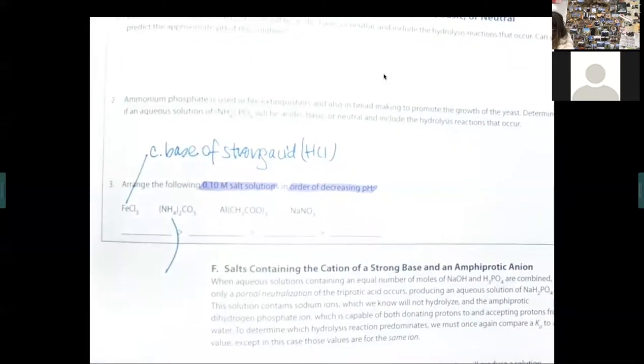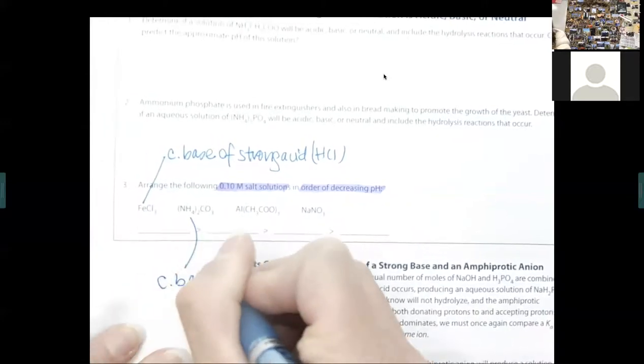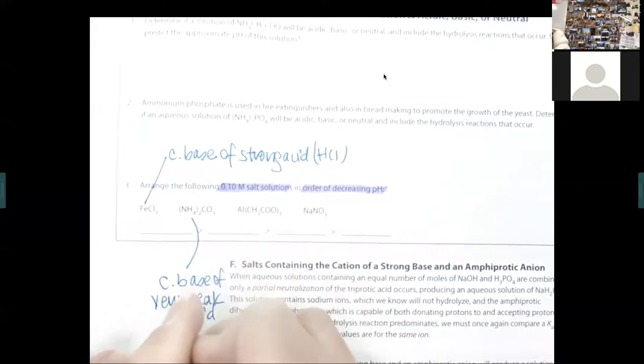And then this NH4 is the conjugate base of a very weak acid. Therefore, it's a strong, weak base that accepts a lot of hydrogen ions, okay?